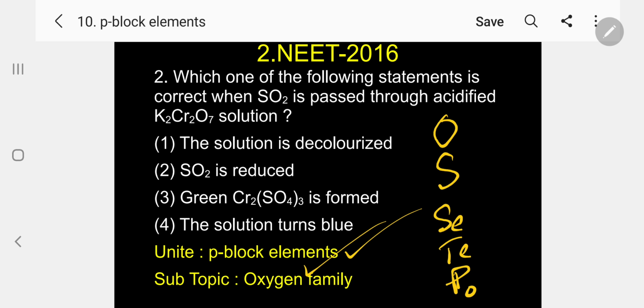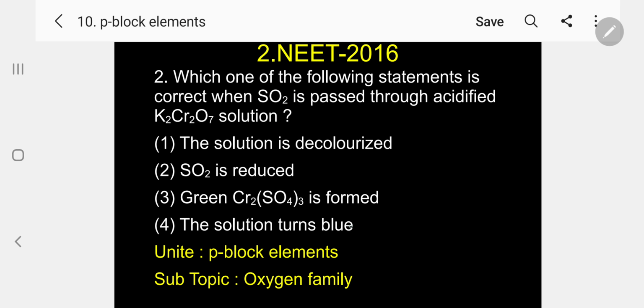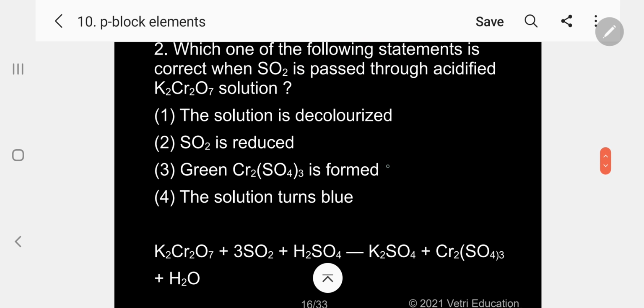Both oxygen and sulfur dioxide belong to P block elements. Let me come to the answer for this question.